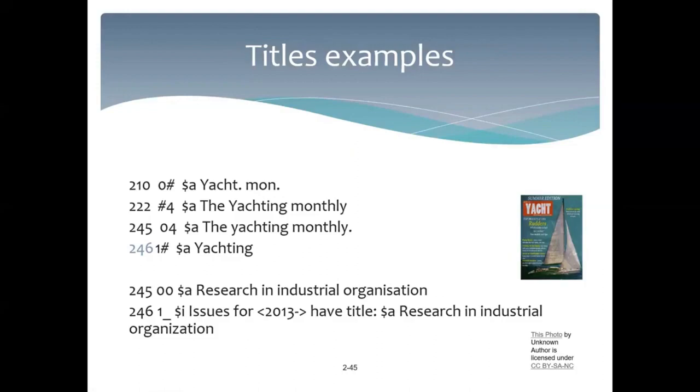And do you notice what the change is here? Well, they had research and industrial organization with organization spelled with an S. And then starting in 2013, they decided that they would change it to the more Americanized version of organization with the Z.